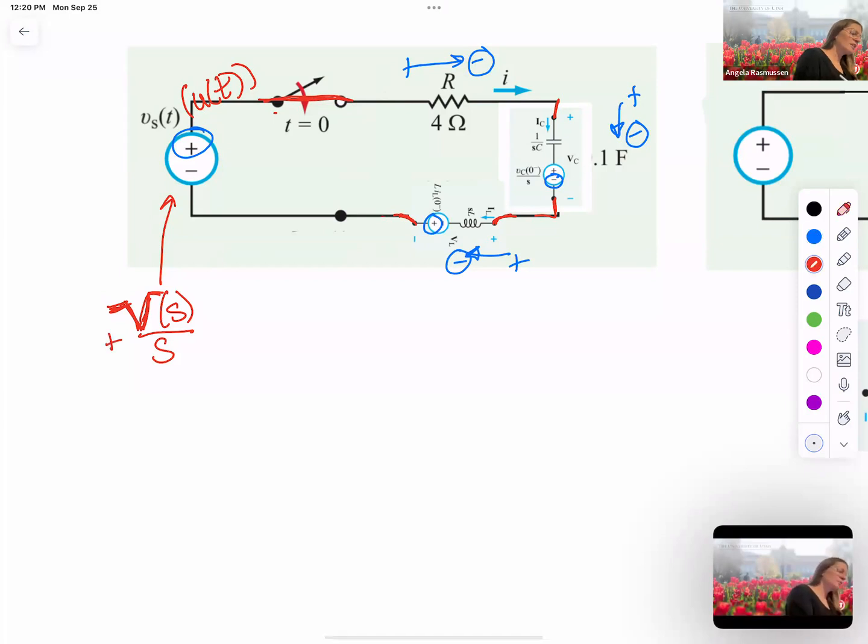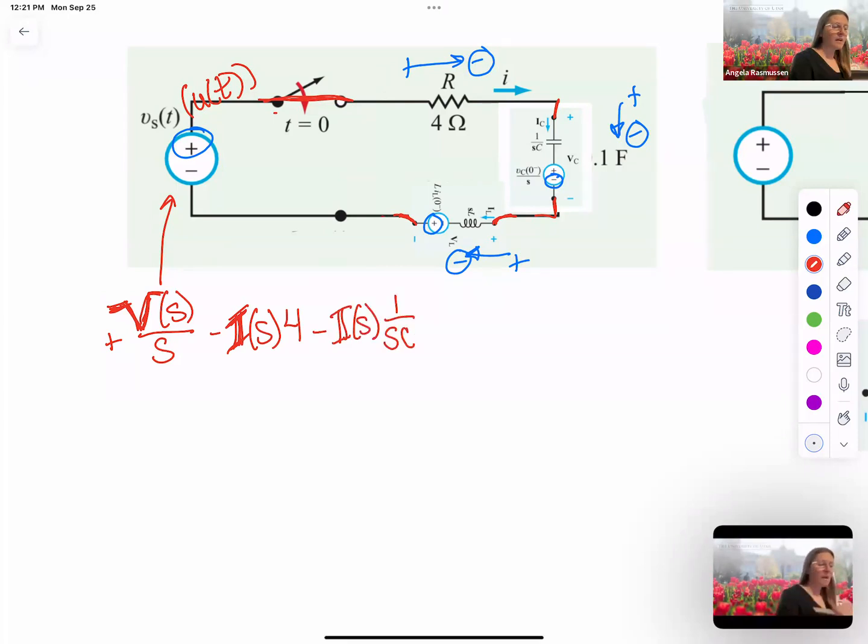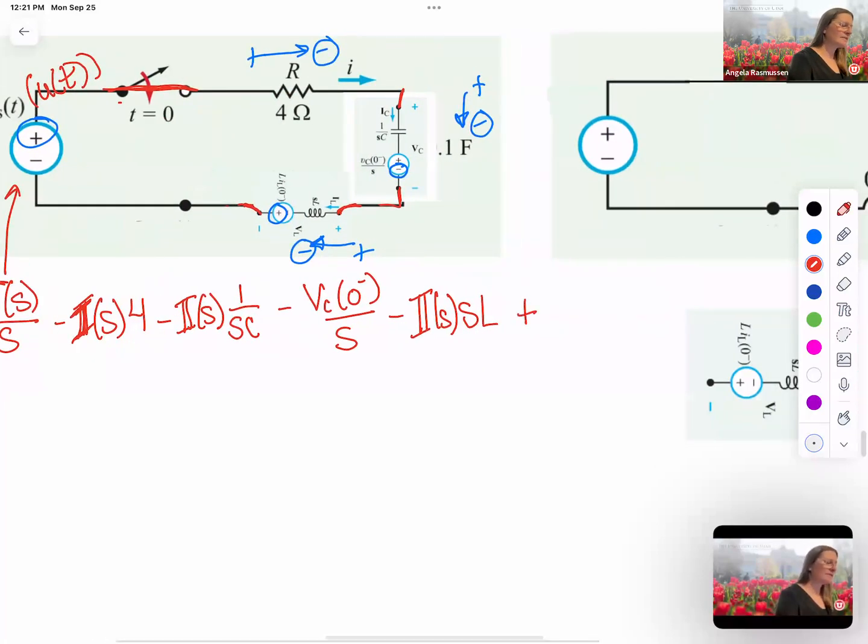So this will be plus Vs over S minus my I of S times R, which is 4, and then a minus I of S times 1 over SC minus VC0 minus over S minus I of S times SL, and then a plus L times IL 0 minus.